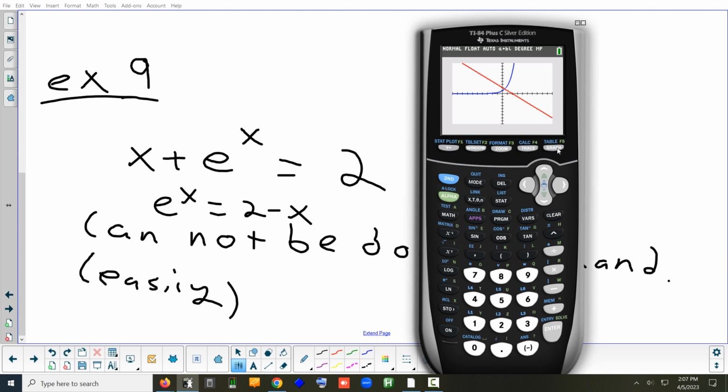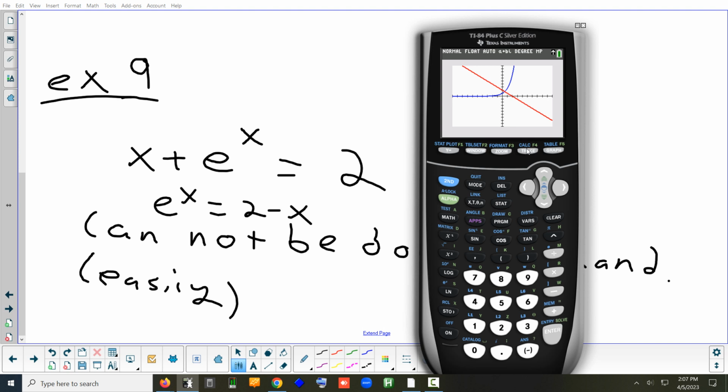Okay, so we graph those 2 functions, and how do we find where they cross? We did this much earlier. We could do trace, but we don't want to try to guess where it crosses. We want the calculator to give it to us exact. Yep. So second, calc. There it is.